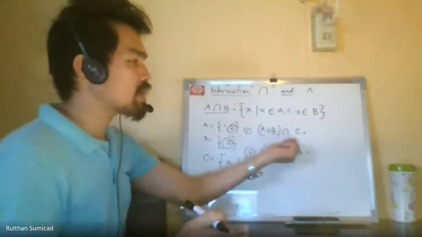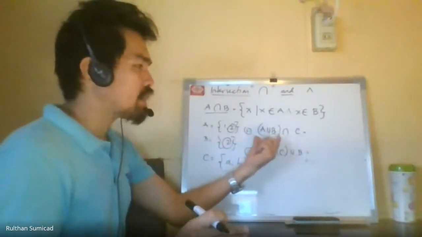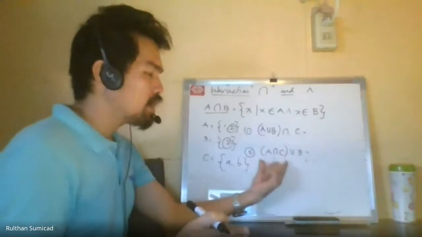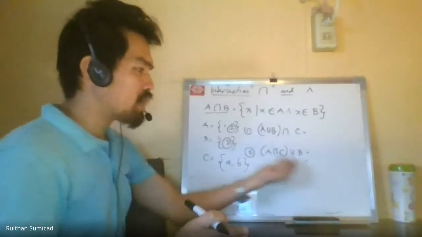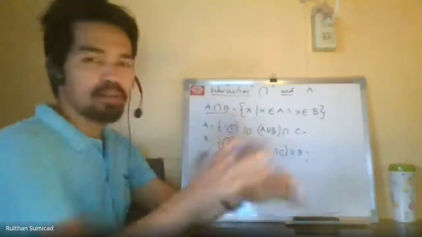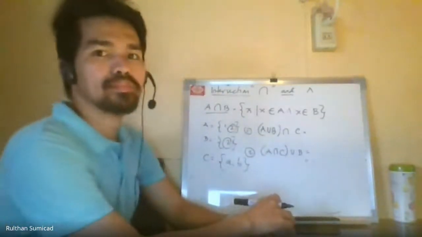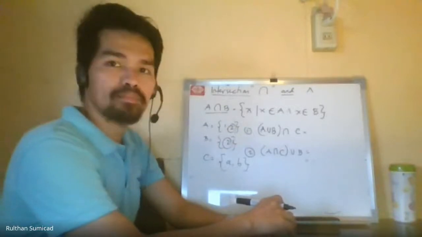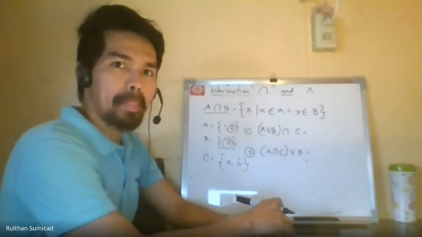We have the intersection of C and the set A union B, and here the union of set B and the intersection of A and C. Who can give me an answer for number one? Anyone?